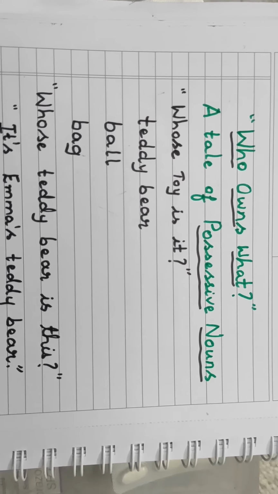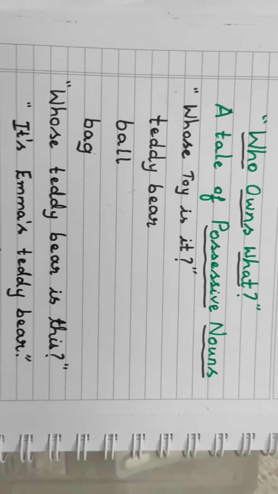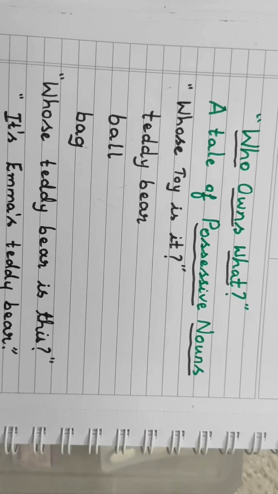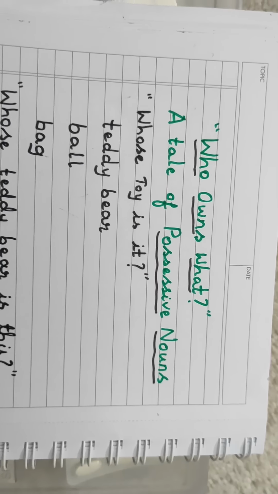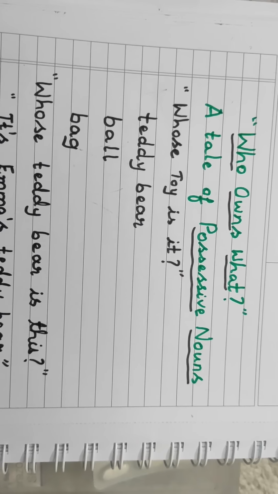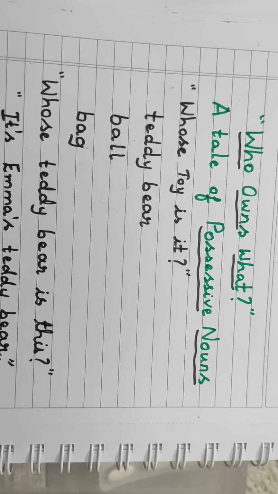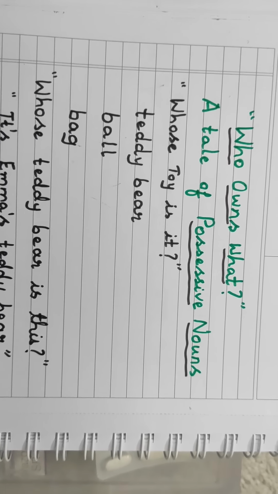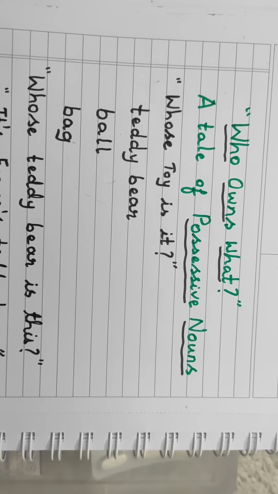So let us recap who owns what. A tale of possessive nouns means how the possessive noun takes place in each sentence, to whom it belongs, is the correct meaning for possessive noun.